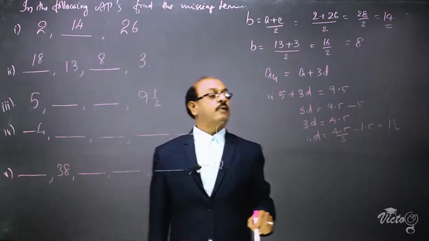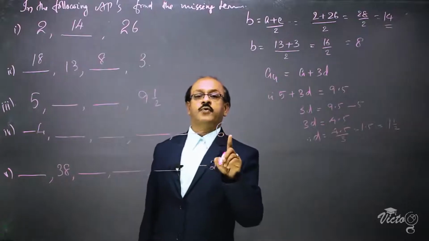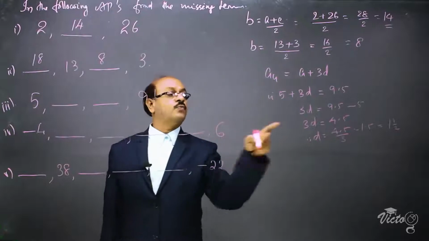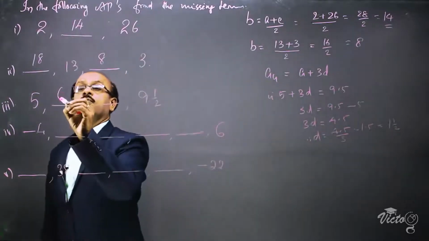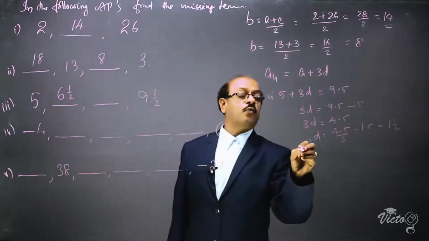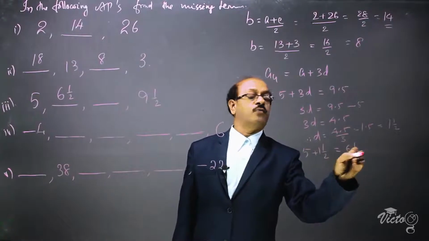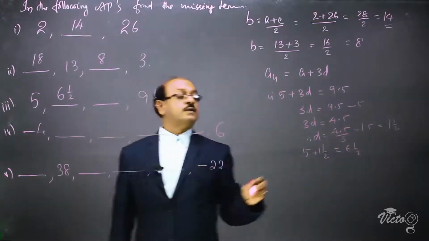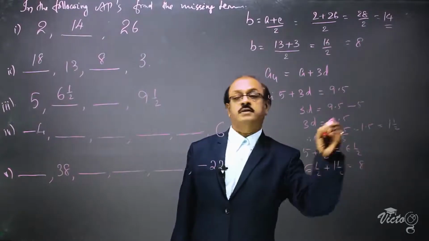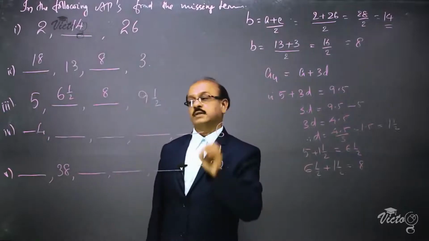To find the second term, we add the common difference to the first term: 5 plus 1.5 is equal to 6.5. Now the third term: 6.5 plus 1.5 is equal to 8. Then 8 plus 1.5 is equal to 9.5, which is given.